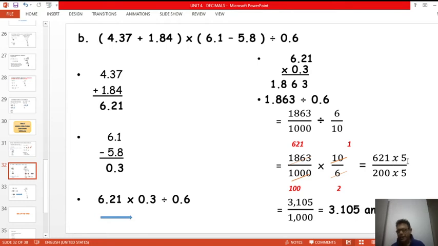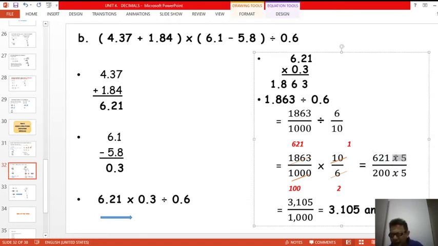Now let me erase this one first, okay, so that you'll understand what happened. You might be wondering, hey, what did those times 5? Okay, now in this answer, this is actually the product here, 621 over 200. Now remember how to convert this to its equivalent fraction, so that we can put this into its thousandths place.